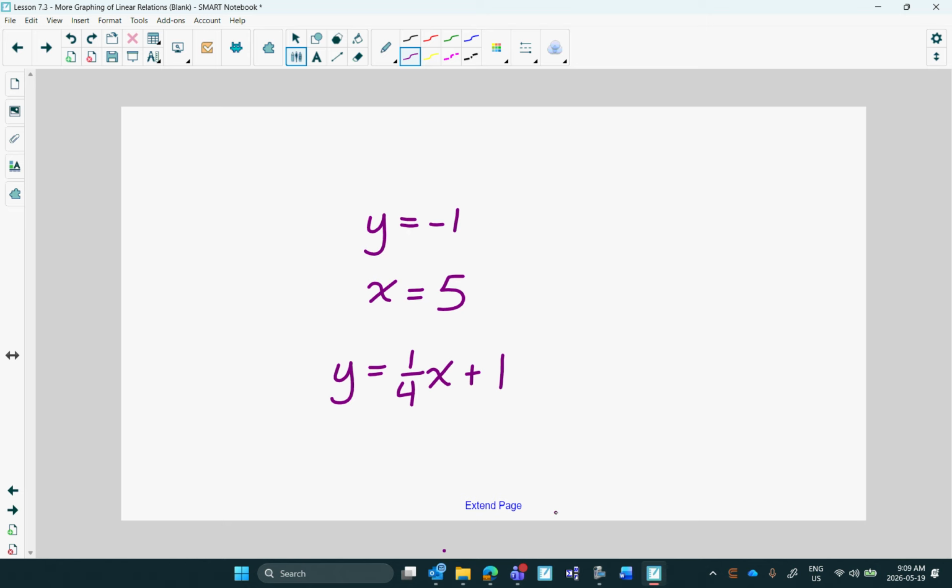Horizontal. Slanted, because it's got an x and y in it. Fraction, does that mean it's slanted? No, not necessarily, because I could give you this. What is it? It's vertical. Gotta know those. Okay, good. We've gone through it.